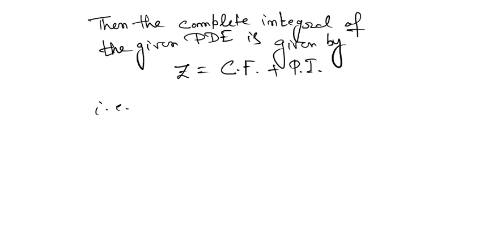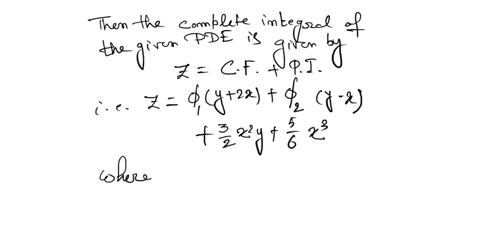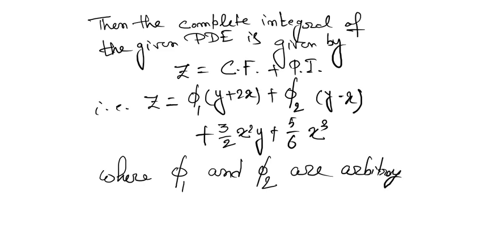Let me just write it here. z equals, the complementary function was already taken as phi 1 of y plus 2x plus phi 2 of y minus x, plus the particular integral, which is nothing but 3 by 2 into x square y plus 5 by 6 into x cube, where phi 1 and phi 2 are arbitrary functions.